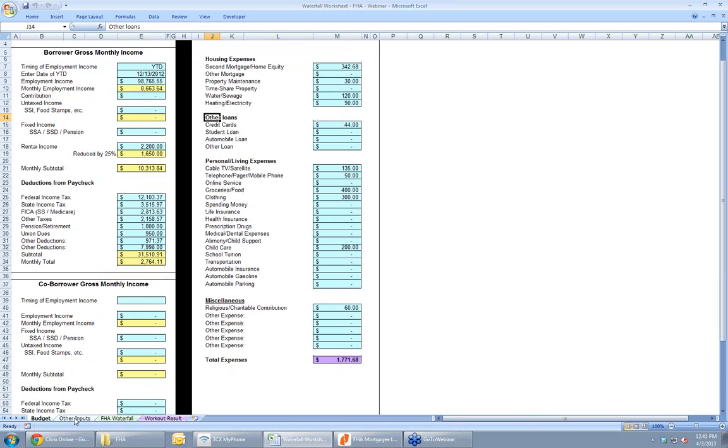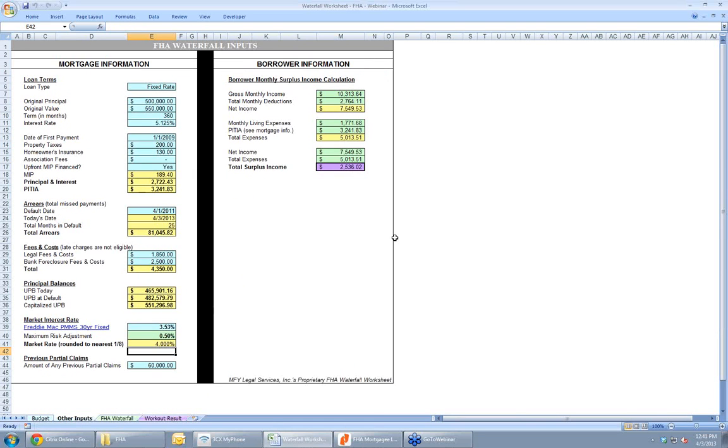So now we'll go to the next tab here, and we have a few more inputs. Now we go into mortgage information, and this is going to be very similar to what Joe already explained, but I'm going to highlight a few differences.